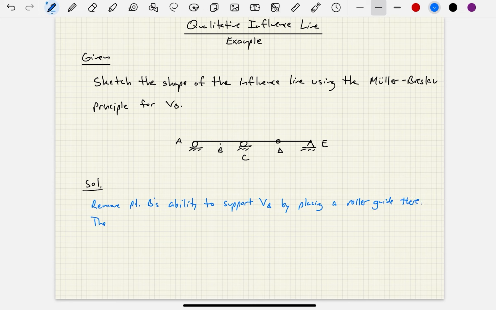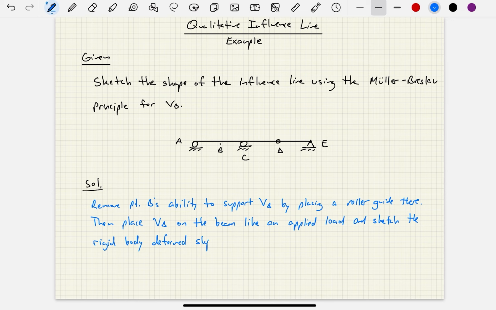Then we place VB on the beam like an applied load and sketch the rigid body deformed shape. That's ultimately what we're doing.